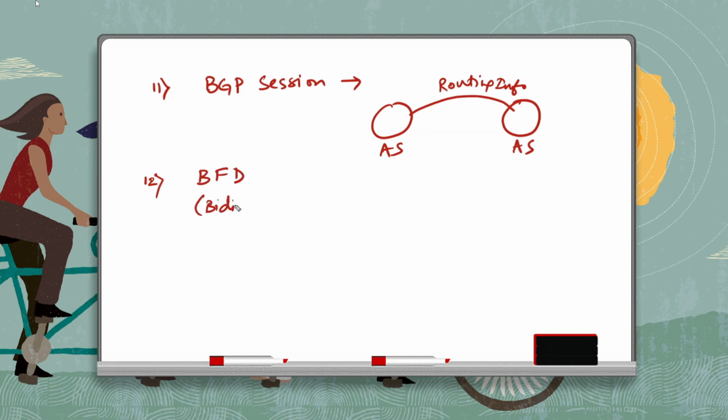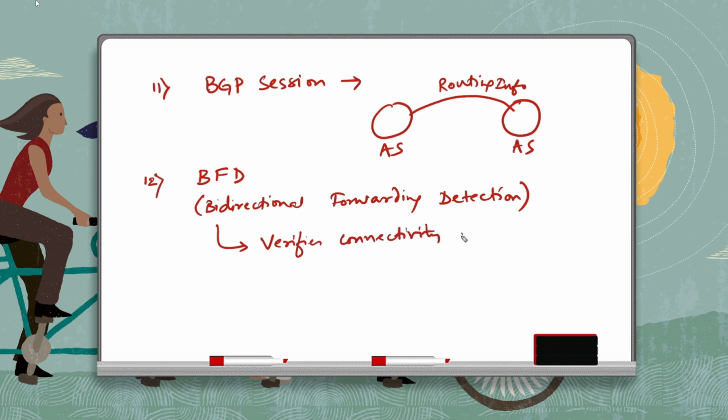BFD stands for bidirectional forwarding detection. So what is this BFD? It simply verifies connectivity between devices. It does not exchange routing information. It simply verifies connectivity between devices. So what it typically means is that it is a kind of method for detection of failures.